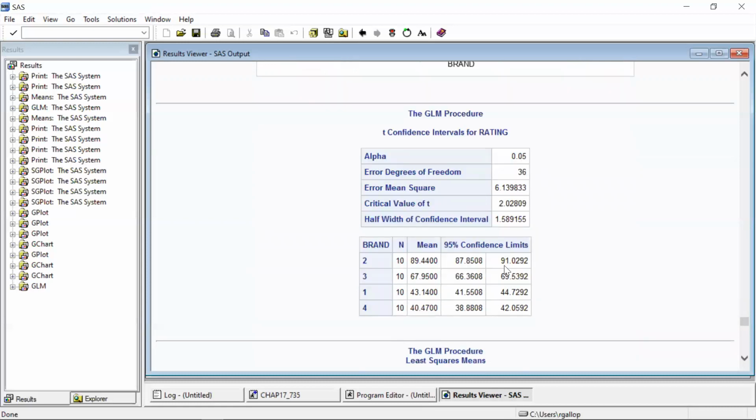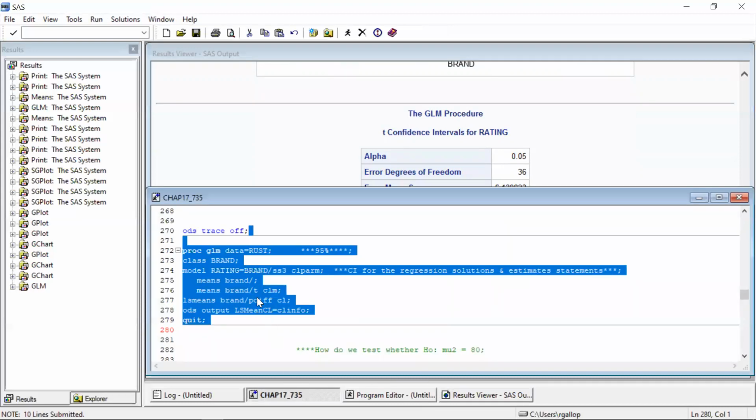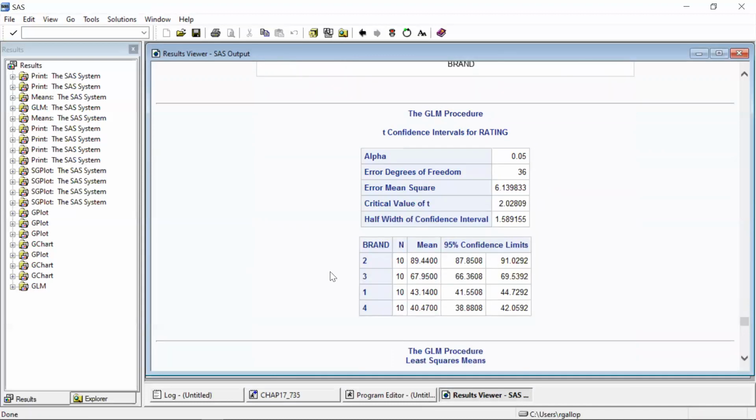Keep in mind, this box you see here is being produced by line 276, the confidence limit of the mean, the CLM option. The one cool thing about this is it puts the means in order from the biggest mean to the smallest.